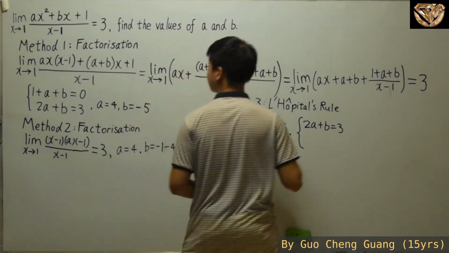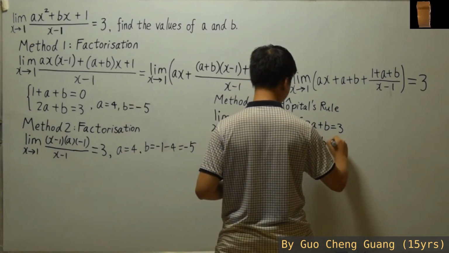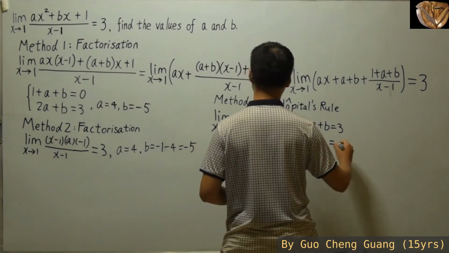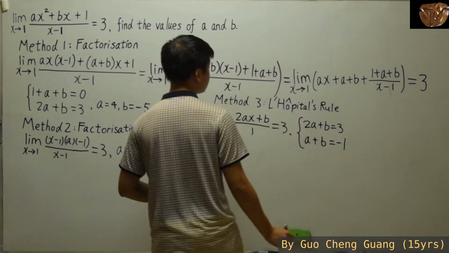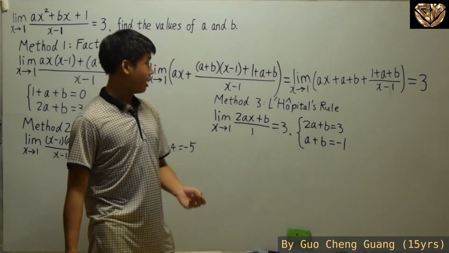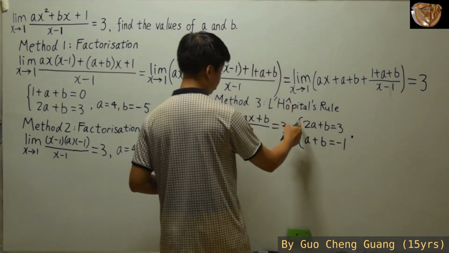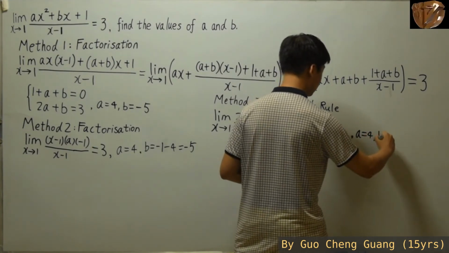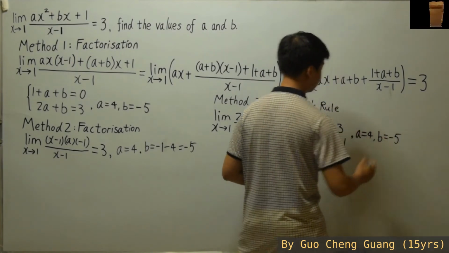So substituting x into your numerator, you're going to have a plus b plus 1 equal to 0, and moving the 1 to the other side, a plus b is equal to negative 1. And now with this set of simultaneous equations, you can just use equation 1 minus equation 2 to get a is equal to 4, and then substituting a into equation 2 to get b is equal to negative 5.